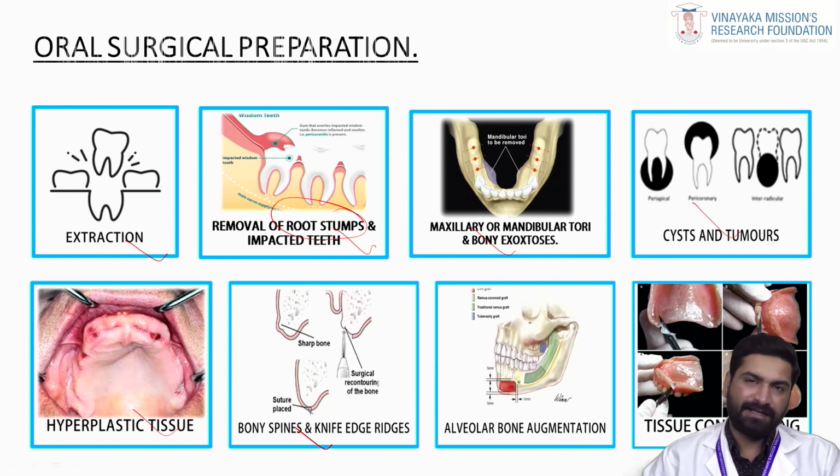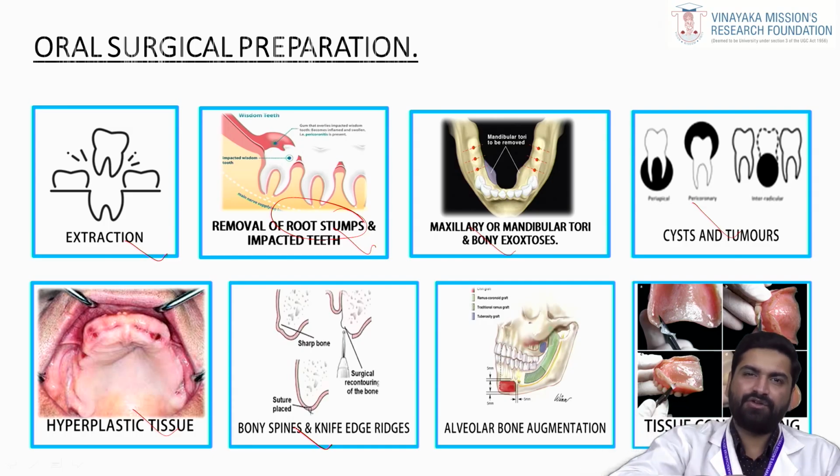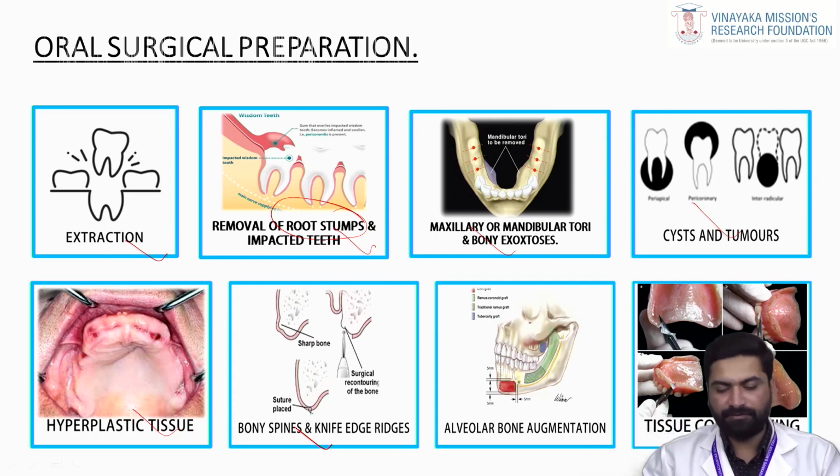Any sharp ridges or knife edge ridge which might cause impingement when the denture is placed. See, when the ridge is sharp and there is no denture, it won't cause much problem. But when the ridge is sharp, the soft tissue is thin, and when the weight comes onto that, it is going to cause pain.